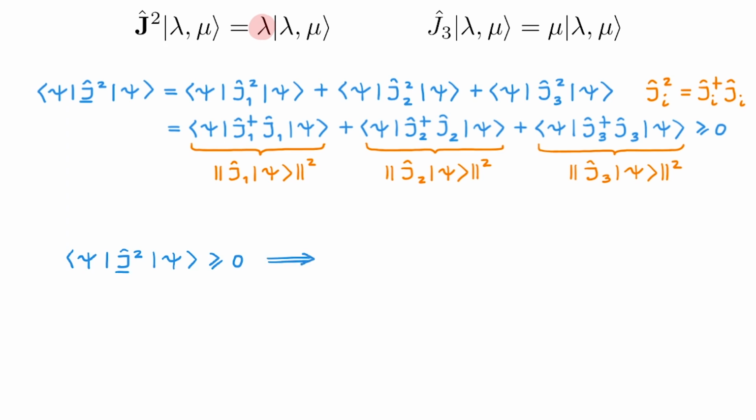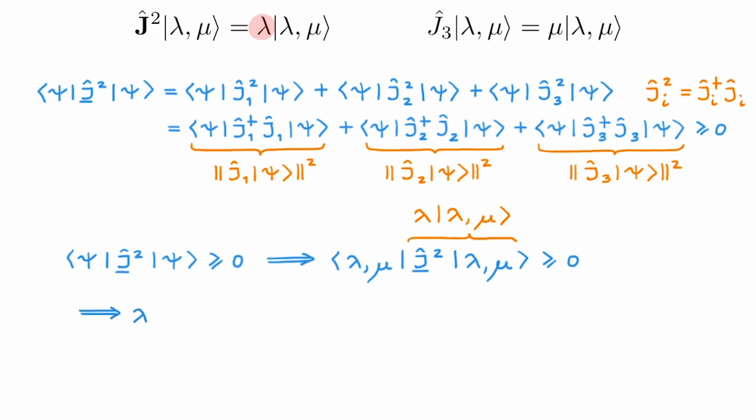In particular, this must be true when the state psi is an eigenstate of the operator j squared. But in this case, we can use the eigenvalue equation to write this as lambda mu. Lambda is a scalar, so we can take it out to the left, so that we get lambda times the bracket lambda mu being larger than or equal to 0.